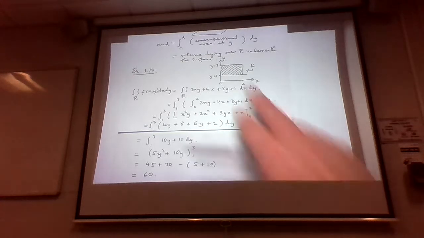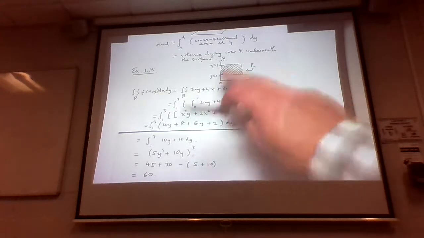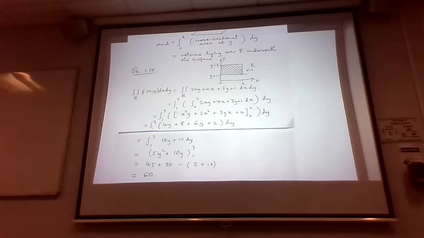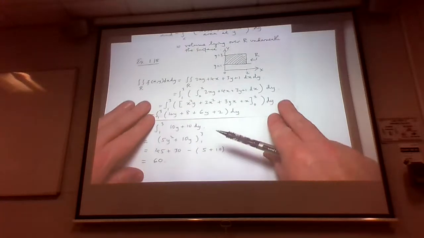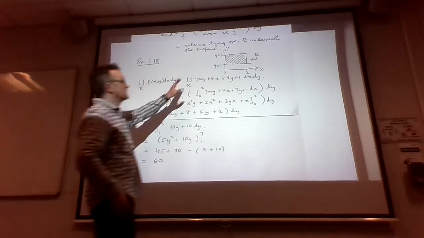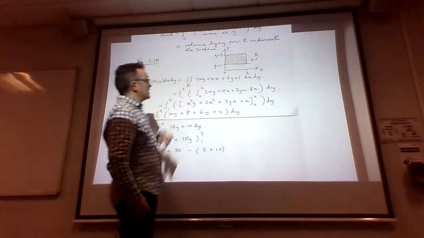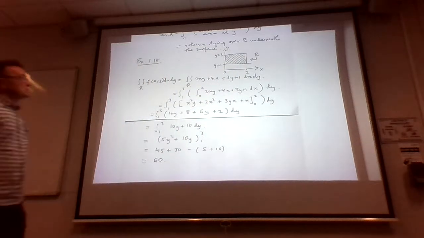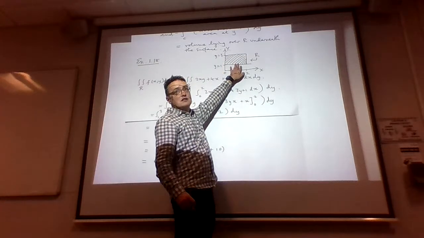Okay. Now that's the simplest kind of example, one where our rectangle is nicely aligned with the x and y axes. What we need to do is to make this a bit more sophisticated and wider, being applicable in all situations when faced with any region. So we should at least be able to deal with regions which are not rectangles.